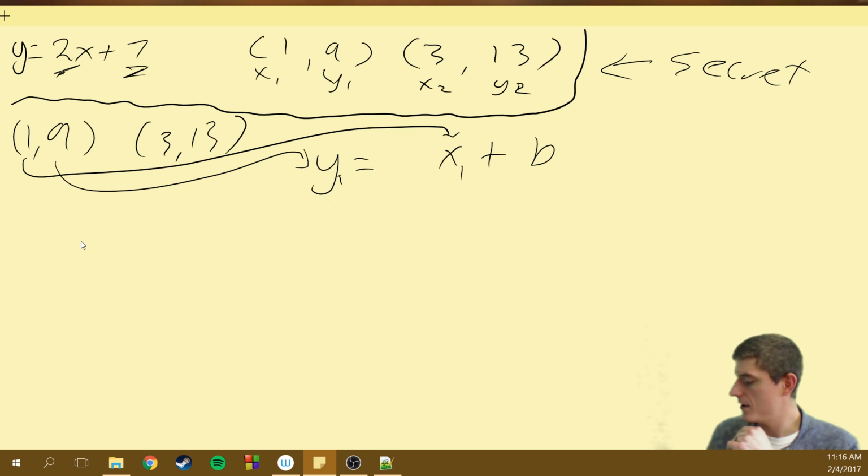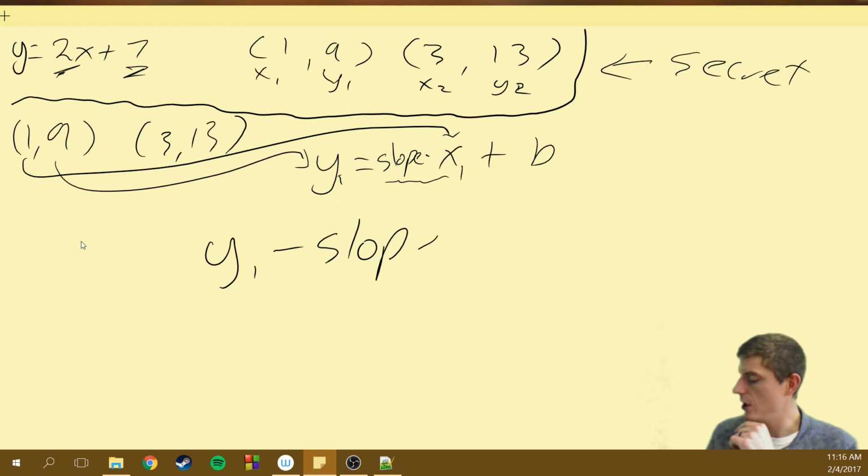And instead of 2, I want that one just to be my slope. So if I want to solve for b, I basically just need to get b all by itself. So I'm just going to subtract whatever this value is from both sides, which is slope times x. If I do that to both sides, I get the equation y1 minus my slope times x1. That is going to be equal to my b value.